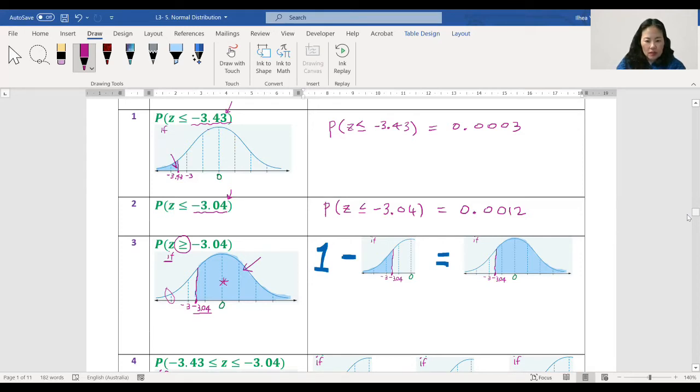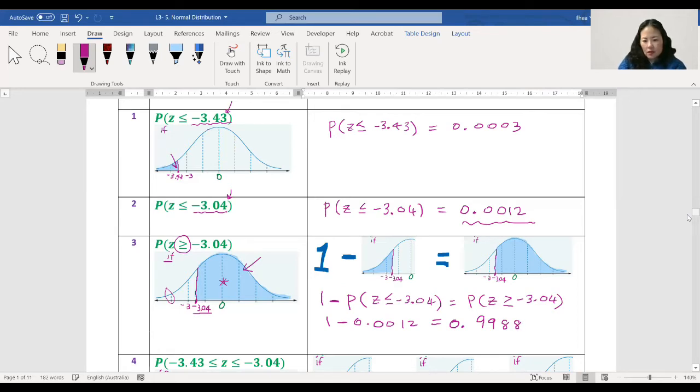So I'm doing 1 take away the probability of z less than or equal to minus 3.04, which will give me the probability of z that is bigger than or equal to minus 3.04. So that means 1 take away the previous value that we've found, 0.0012, that is 0.9988. Okay, so that's my answer.